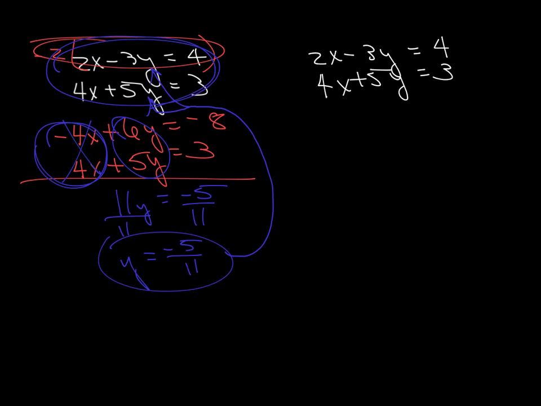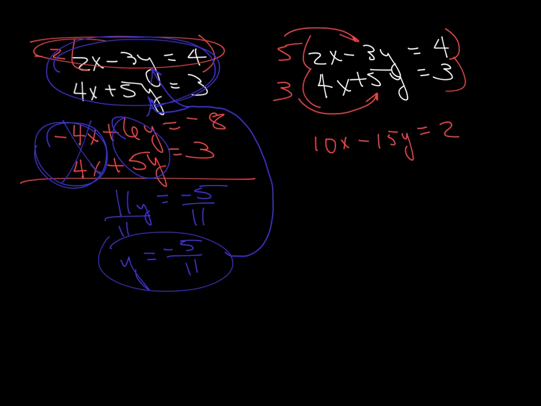So the common multiple here is 15. So if I multiply that by 5, that'll give me a negative 15. If I multiply this by 3, that'll give me a positive 15, and then they'll cancel. So I get 10x minus 15y equals 20.